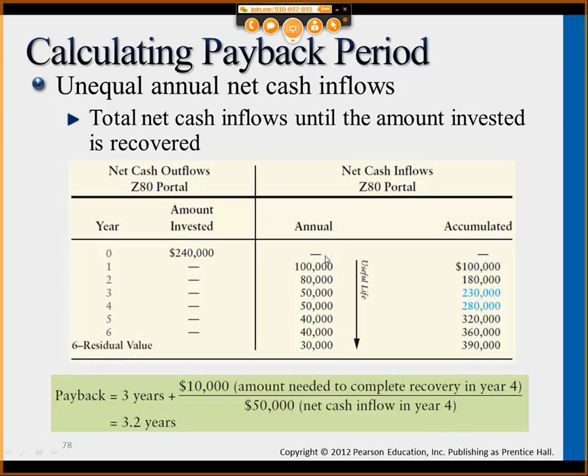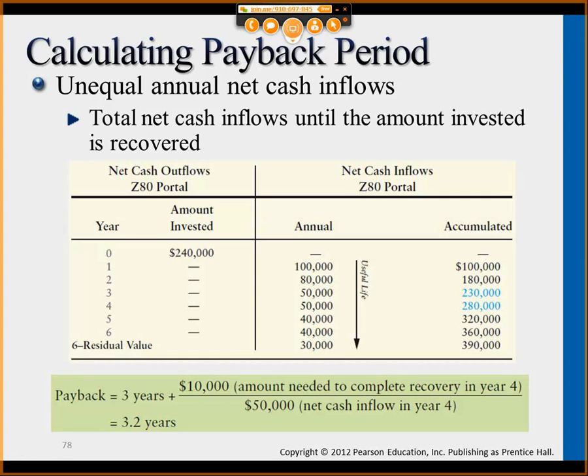We have a bit different here: 180, 50, 50, 40, 40, 30,000, right? That's the useful life of that asset. So what does it mean here? Why do I have 230 and 280 highlighted here?